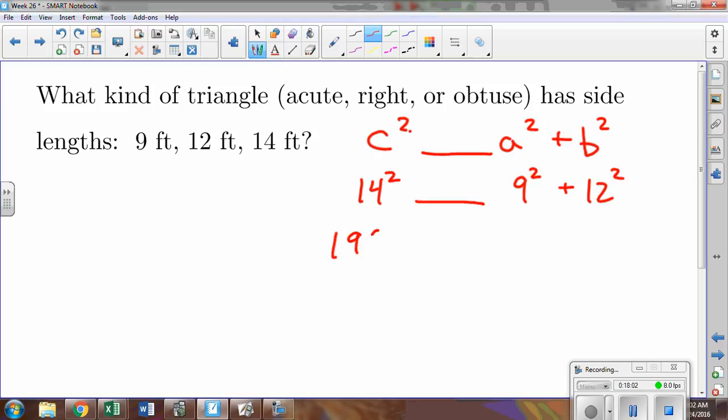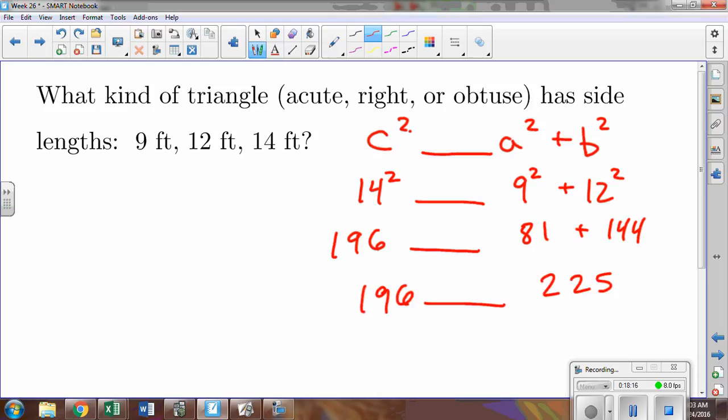Fourteen squared equals 196. 9 squared is 81. 12 squared is 144. And so we're comparing 196 with 225. 196 is less than 225. Because it's less than, what does that tell us? It's an acute triangle. And we would be done.